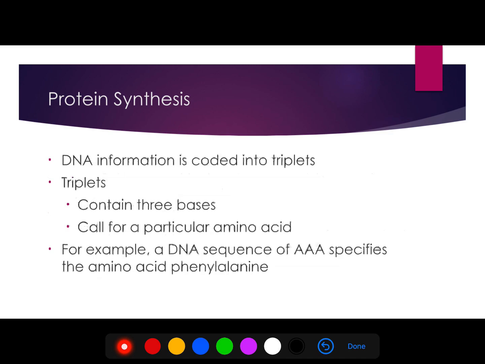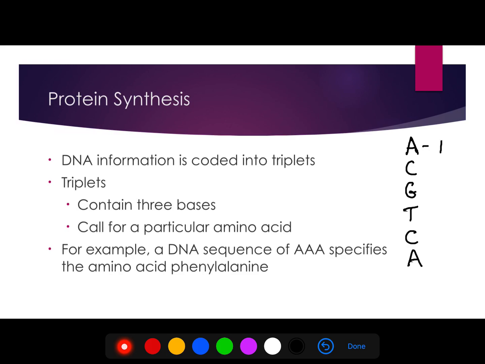Now again, I told you guys that DNA is basically the blueprint for protein synthesis, okay? And DNA is coded in what we call triplets. So let me just come up with a fake piece of DNA here. Remember, if you have a strand of DNA, it's double-stranded, right?